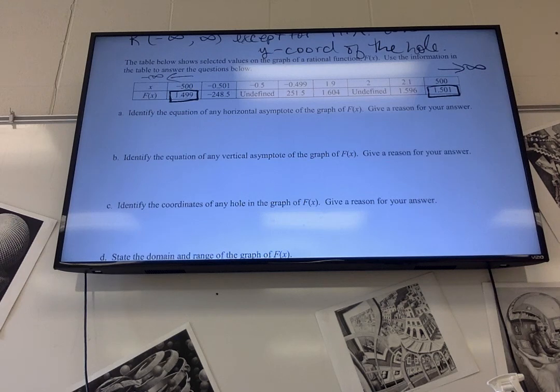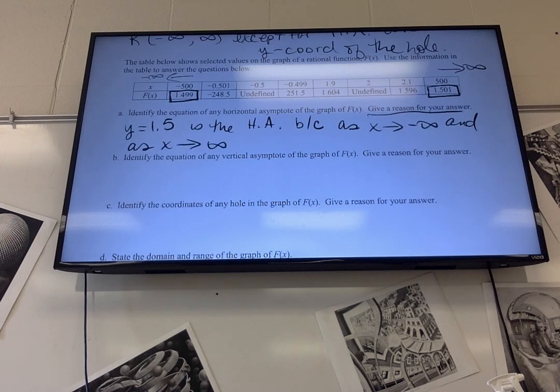The x's are negative 500 and 500. What about the y's? 1.5. Excellent. So y equals 1.5 is the horizontal asymptote, because we're supposed to give a reason. As x approaches negative infinity and as x approaches infinity, f of x approaches 1.5.